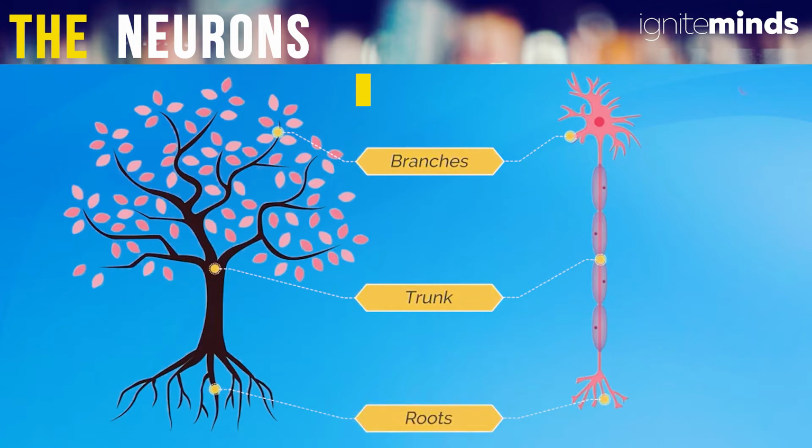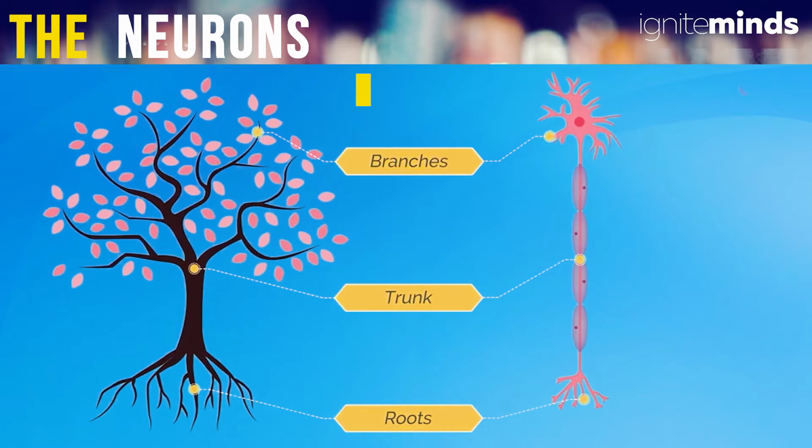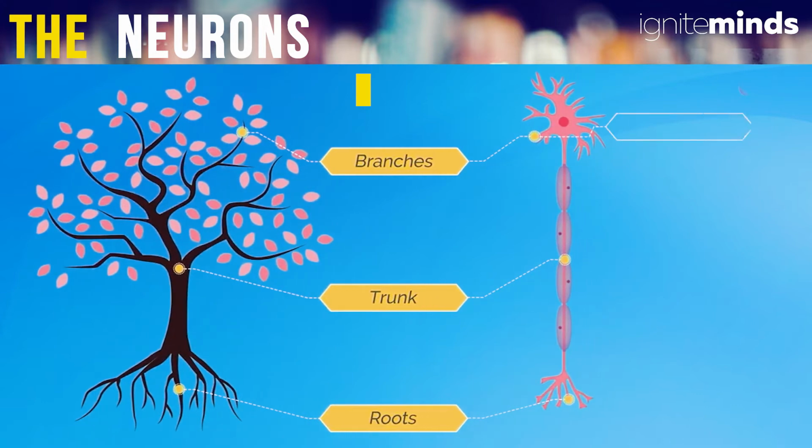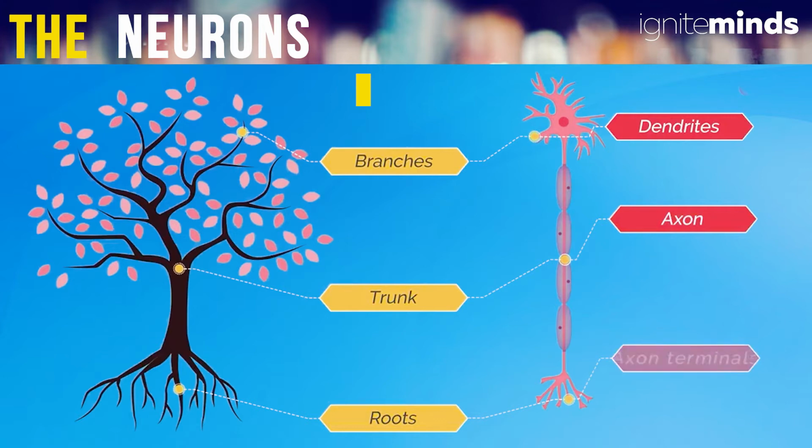Now, the branches represent what we call the dendrites, whereas the trunk represents what we call the axon. And finally, the roots represent what we call the axon terminus.